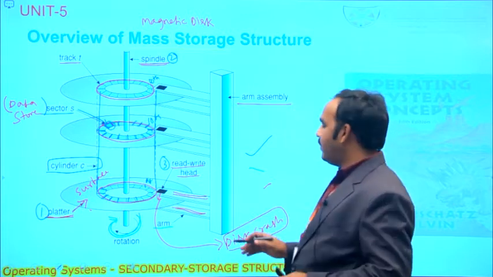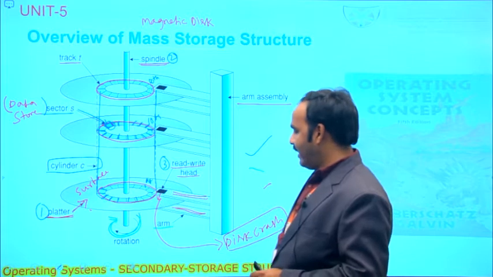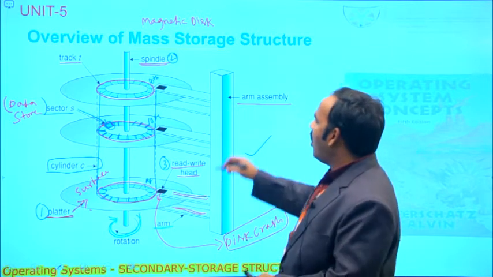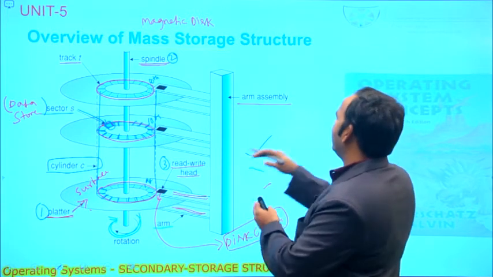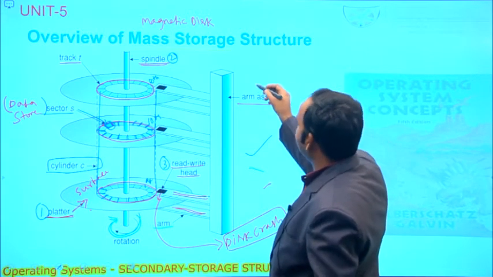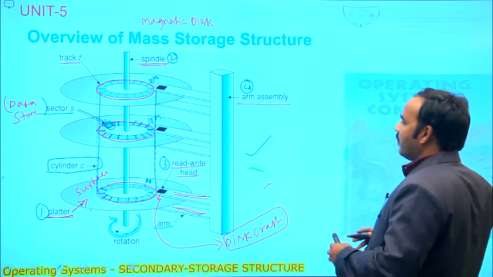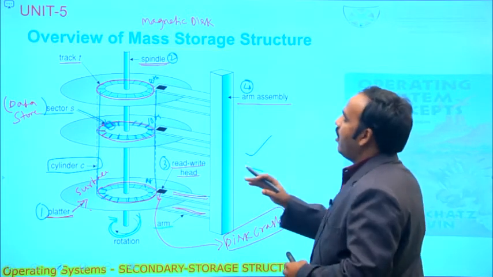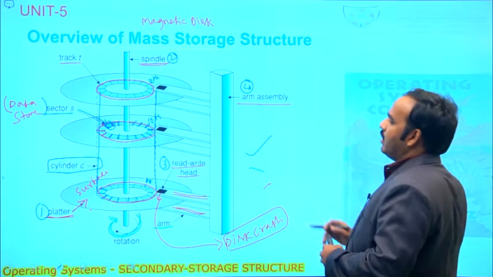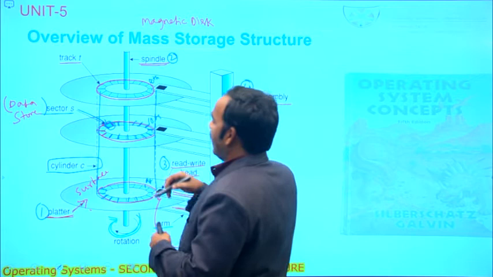For every surface we require a read and write header. All read and write headers are connected to one component, which is the arm. The arm can move only in the horizontal direction.